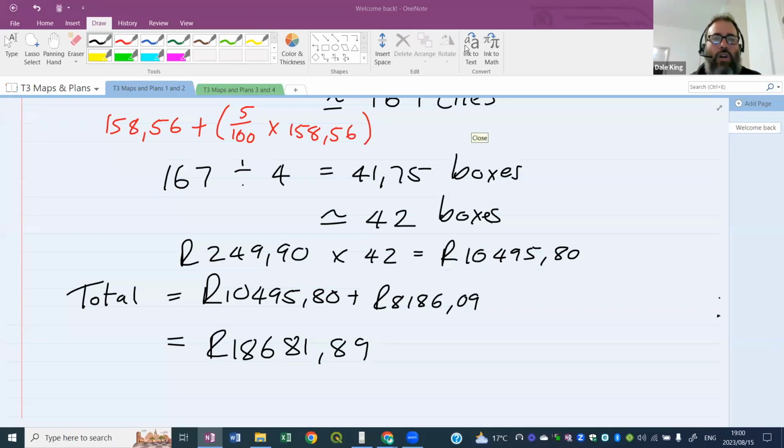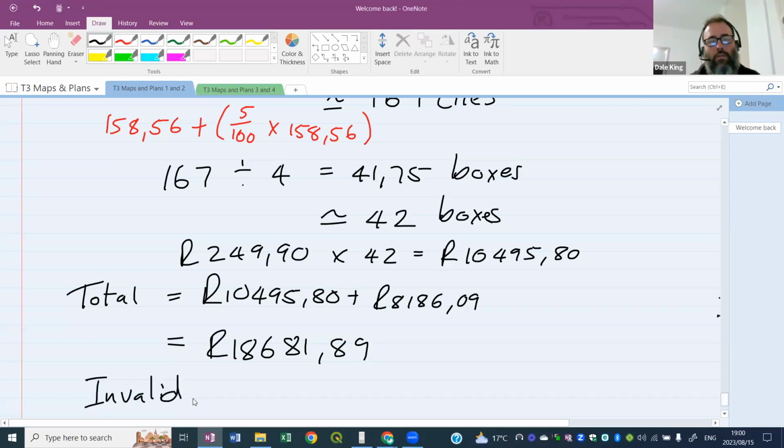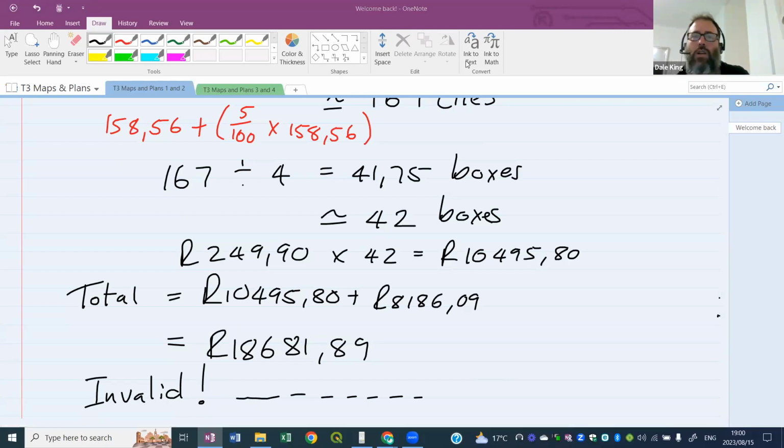Definitely not. He's trying to make us pay more. Invalid. Invalid, and you can write a statement with that. Not valid. Invalid. Don't try and fool us.